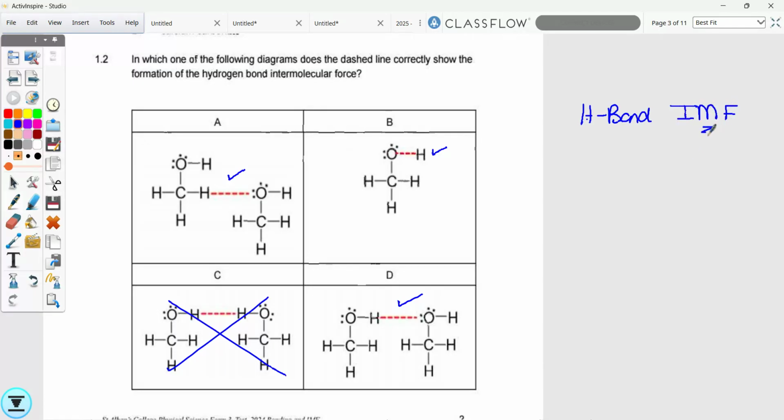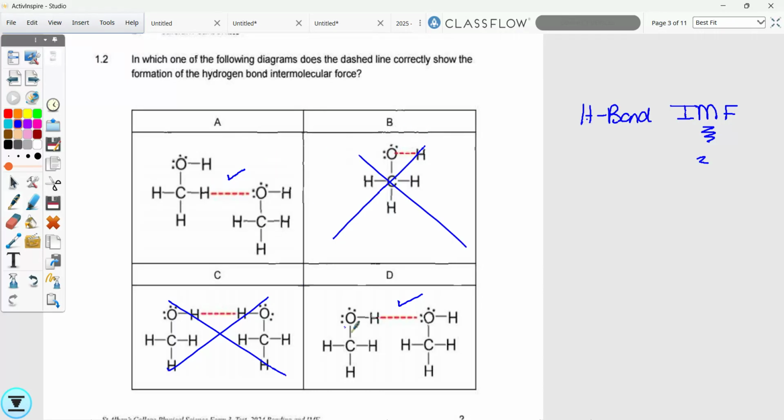It must be between 2 molecules. Do I have 2 molecules there? No. So clearly this one is rubbish, because there's only 1 molecule. So that's inside the molecule. What do I call that? Intra. Thank you. Well done. Okay, so it's inside the molecule.